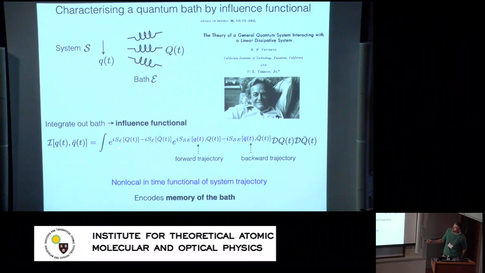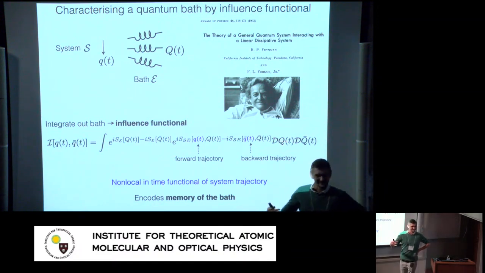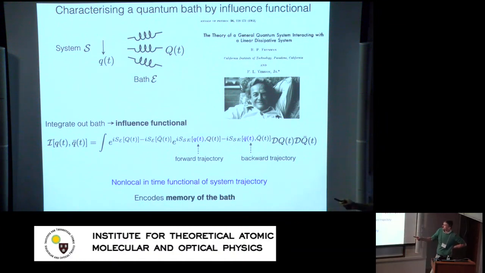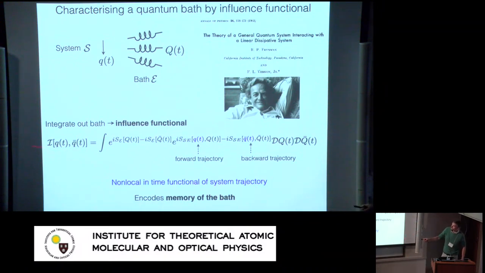And then what you can imagine is integrating out bath degrees of freedom. And this gives you this object, which looks scary, but ultimately this is the weight for a given trajectory of your system that you get once you've summed over bath degrees of freedom, right? So it's a non-local functional of your system trajectories, right?